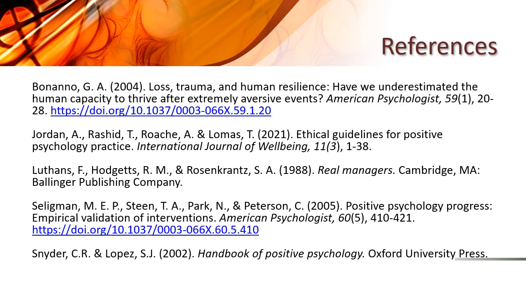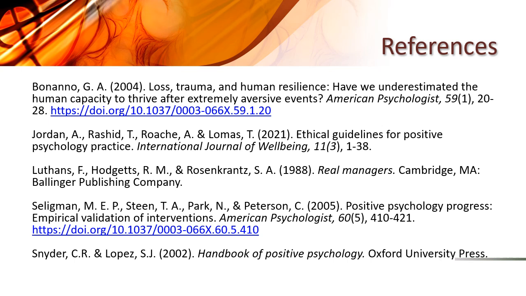There are five references: Bonanno, 2004, Loss, trauma, and human resilience. Have we underestimated the human capacity to thrive after extreme adverse events? American Psychologist. Jordan, Rashid, Roche, and Lomas, 2021. Ethical Guidelines for Positive Psychology Practice, International Journal of Wellbeing.